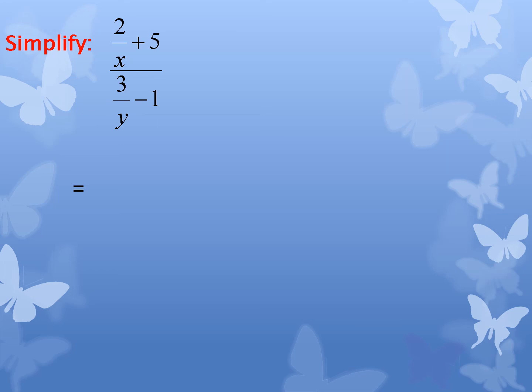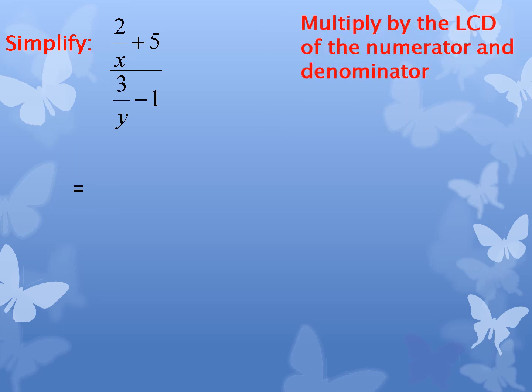Okay, so this is not going to be as simple as writing it as a division problem, flipping the second, and then multiplying. What we have to do is find the LCD, okay? We have to find the LCD of the numerator and denominator. So we want the LCD of the entire problem, okay?